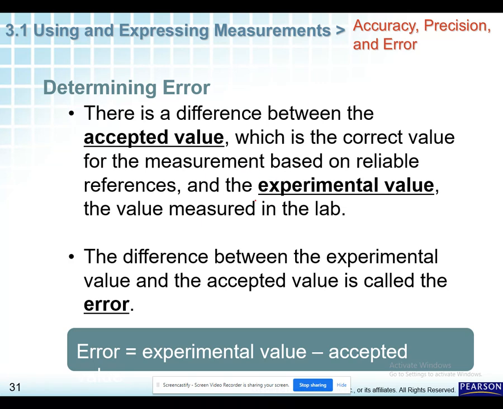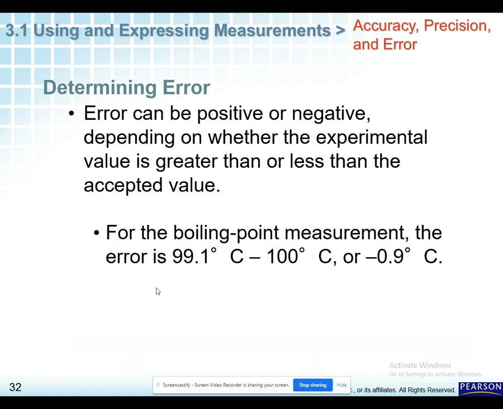So remember, experimental values are going to be ones that you measure yourself in lab. So your experimental value, as we'll see coming up, was 99.1. And the difference between the experimental and the accepted is known as error. Error can actually be positive or negative depending on which value is bigger, your accepted or your experimental.